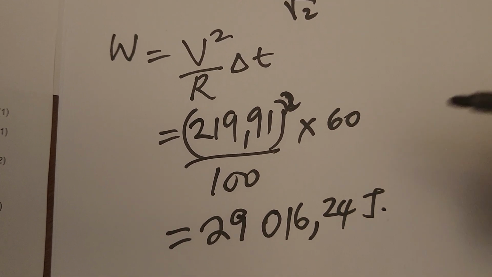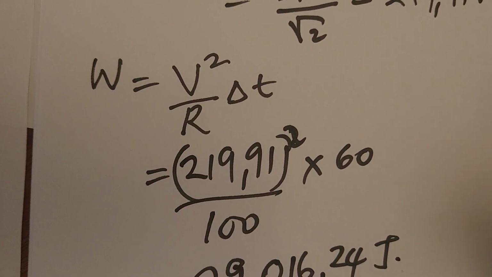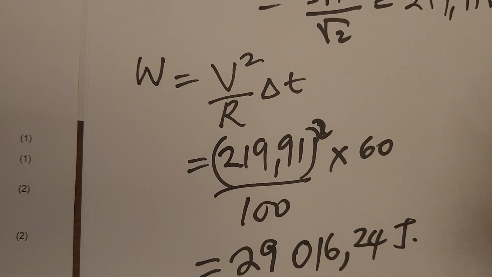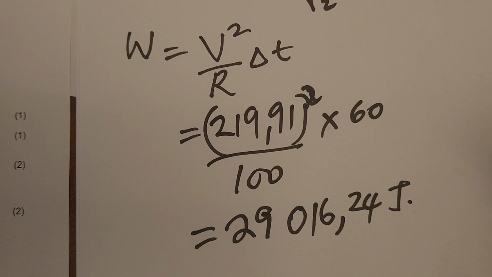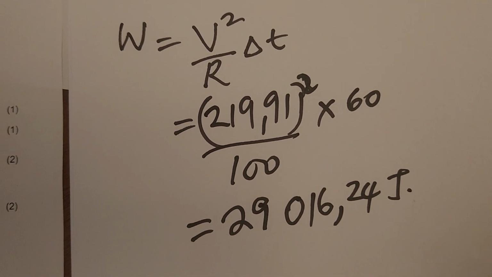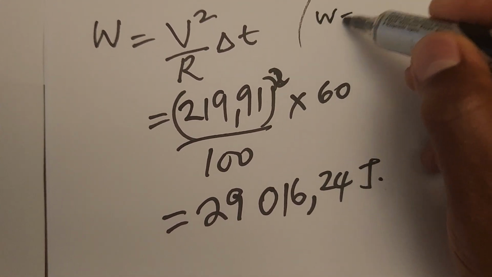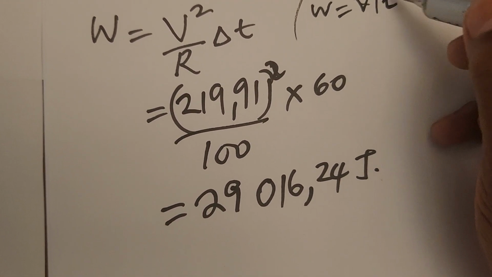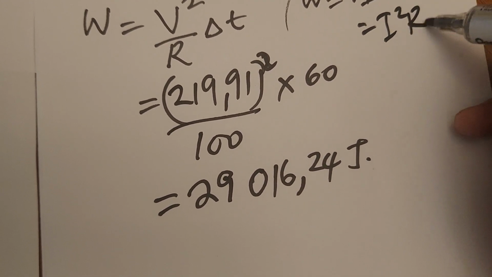You can find this in many ways. Some people can go for current as well. From the VRMS, you can use Ohm's law to find the current, and with the current you can also use the formula, remember, this one can be this, or can be VIT, or can be I squared RT.